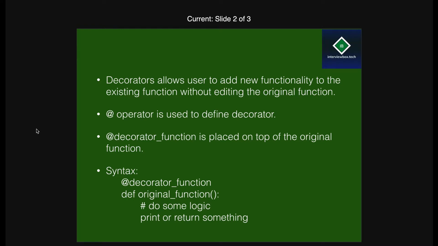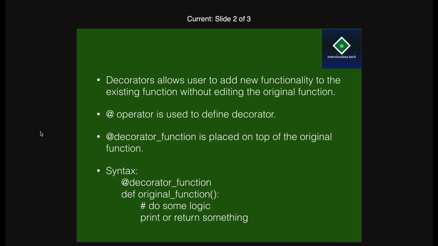By using the decorator function, you don't have to edit your original function, and you can use your original function wherever you want, or you can use the new decorator function with the extra functionality.